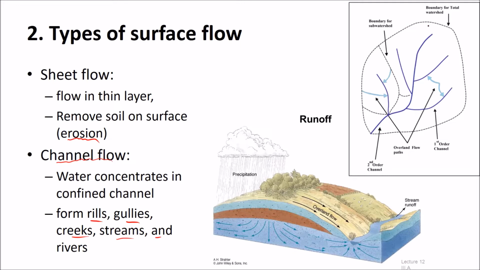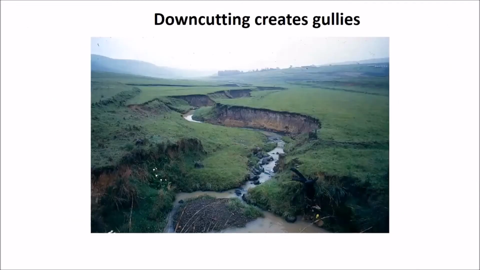Okay, on the right side here you can see a system of rivers or streams. A stream is a channel flow, and the water comes to the stream. Before it becomes channel flow, it is sheet flow. The water runs as sheet flow, and both sheet flow and channel flow can cause erosion problems. Here the way of erosion is down cutting.